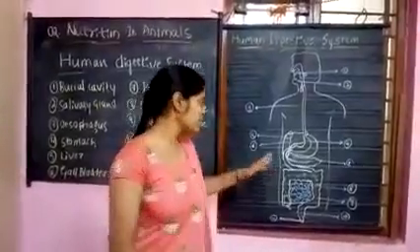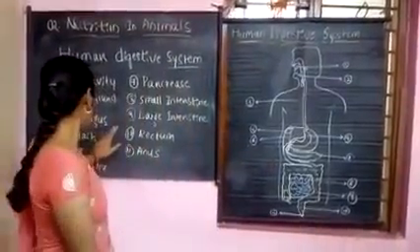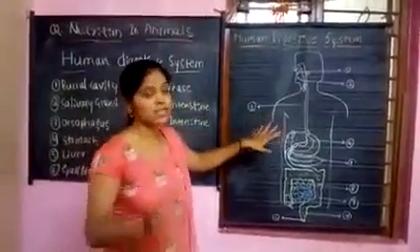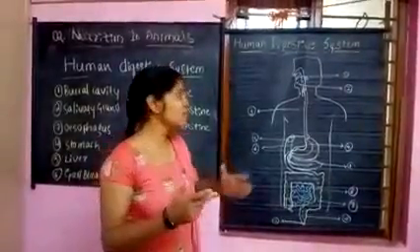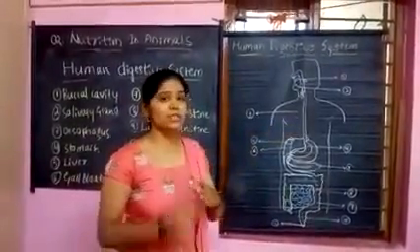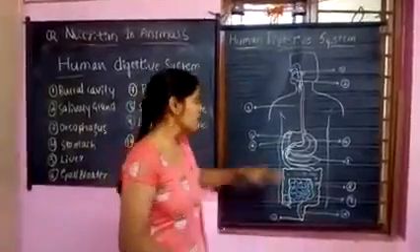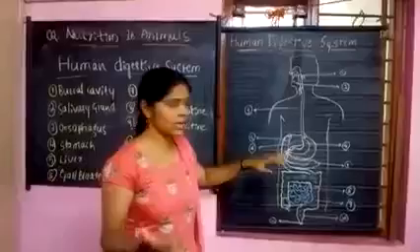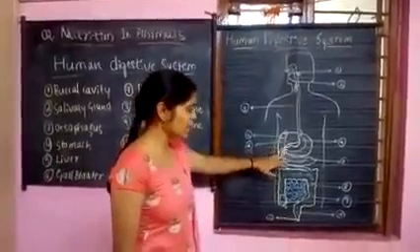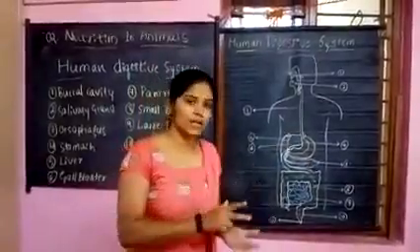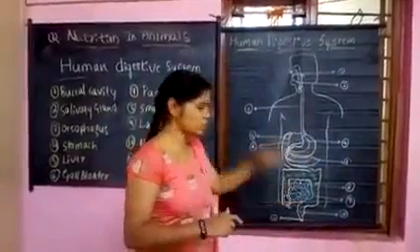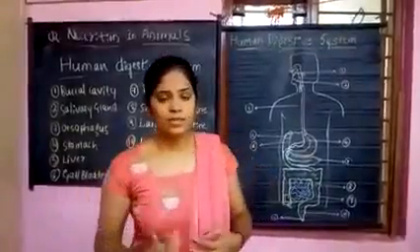The salivary juices are produced by these salivary glands. Food is digested there, and then it moves to the pancreas, and then to the small intestine, and then to the large intestine, and finally it goes to the rectum and the anus.